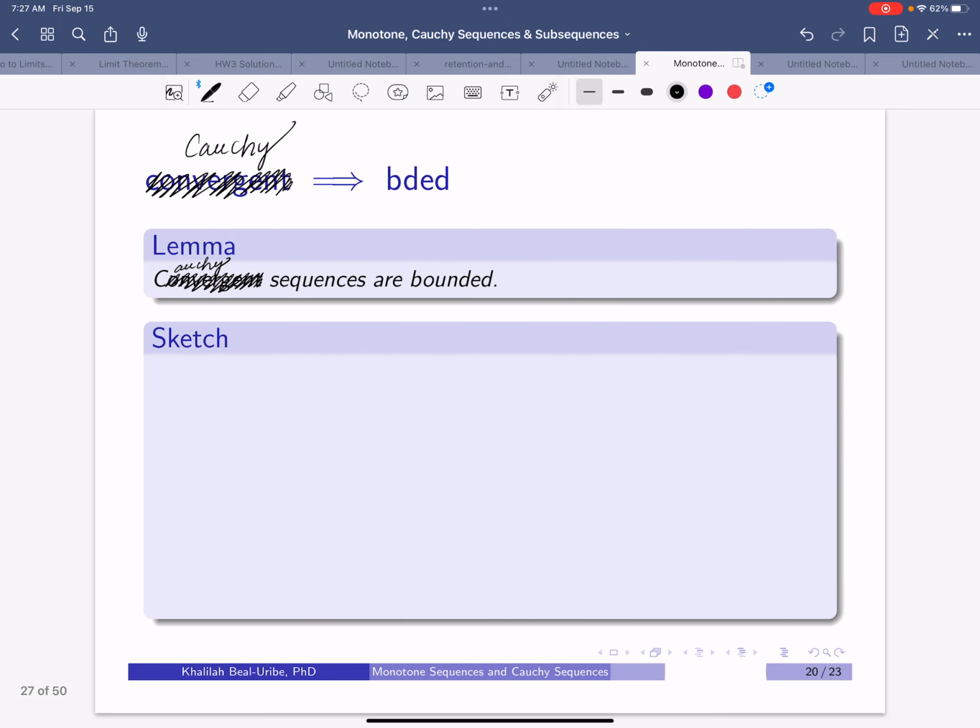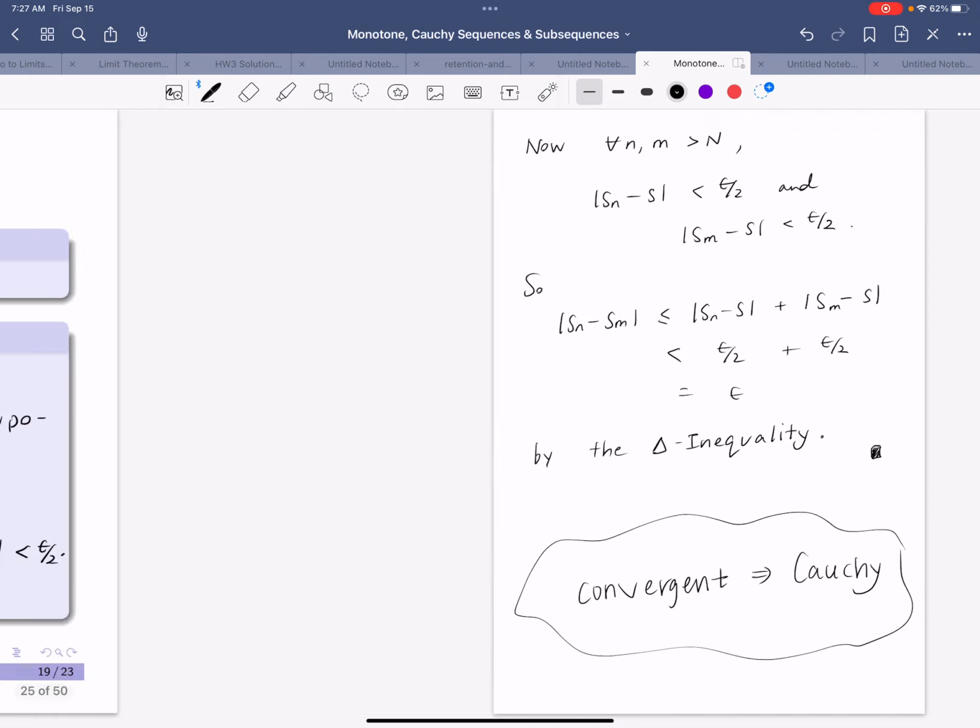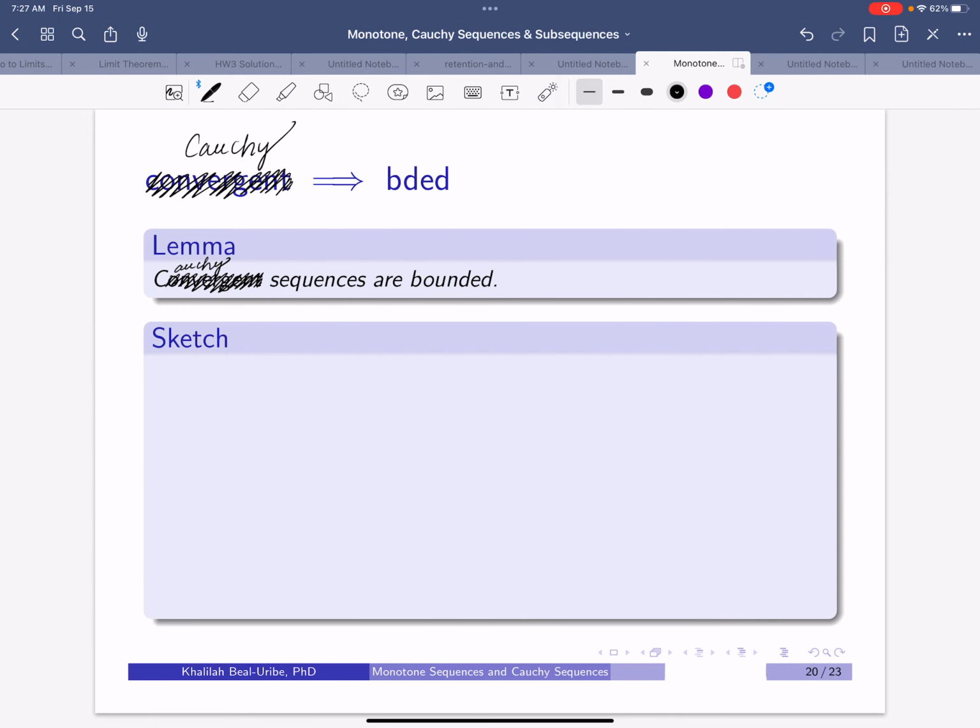Now let's look at another property. We're going to say Cauchy sequences are bounded. So Cauchy implies bounded. The proof for this is going to be similar to the proof that we did which showed that convergent sequences are bounded. This time I'll draw a number line.